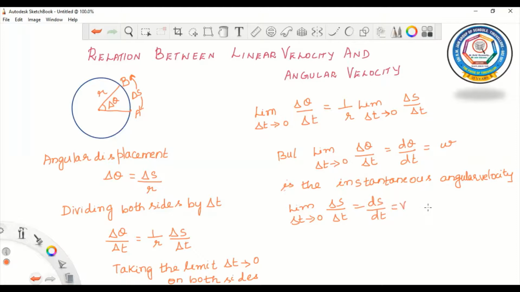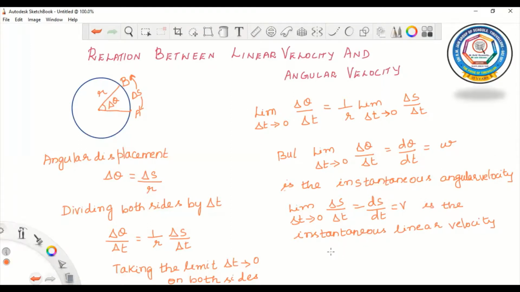That is, this v is the instantaneous linear velocity. So v is the instantaneous linear velocity, omega is the instantaneous angular velocity.